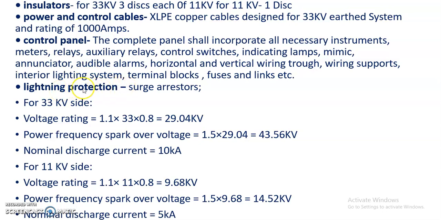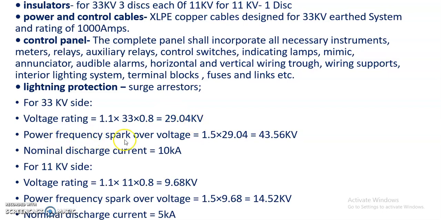Then lightning protection. In order to protect from lightning stroke or lightning overvoltage, you have to use a surge arrestor or lightning arrestor. So in order to calculate the surge arrestor value for 33 kV, if the voltage rating is 33 kV, we have to find the voltage rating: 1.1 into this voltage into 0.8, that is the power factor. You will get the voltage rating of that lightning arrestor as 29.04 kV.